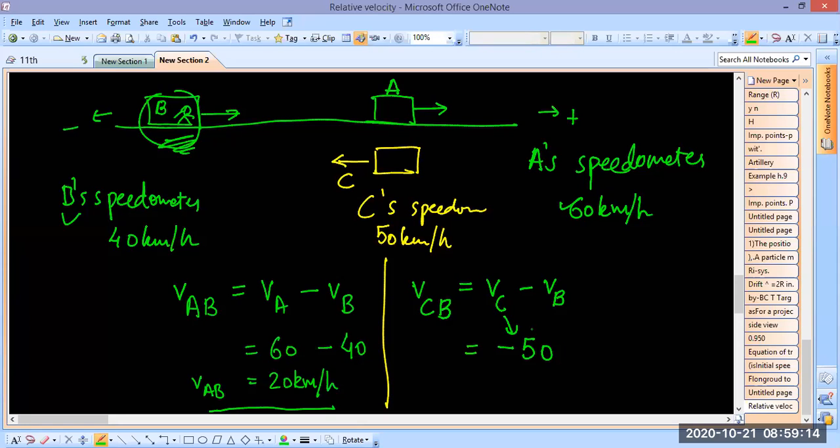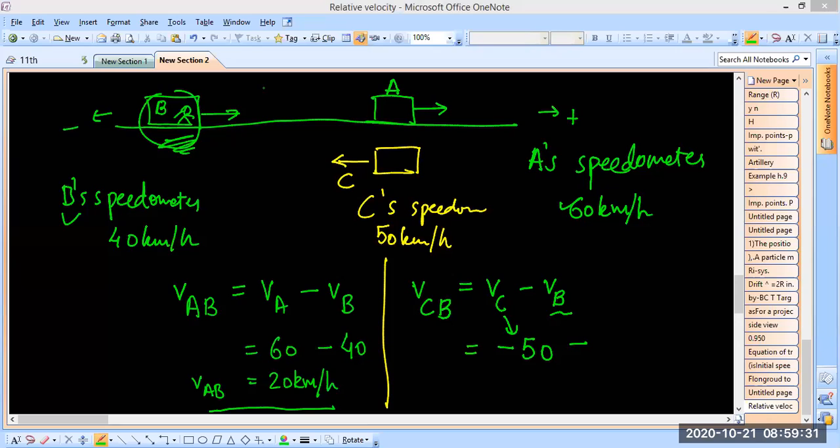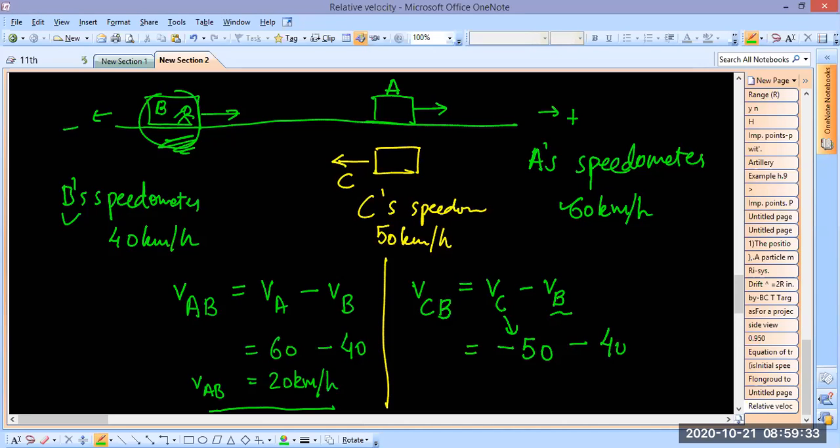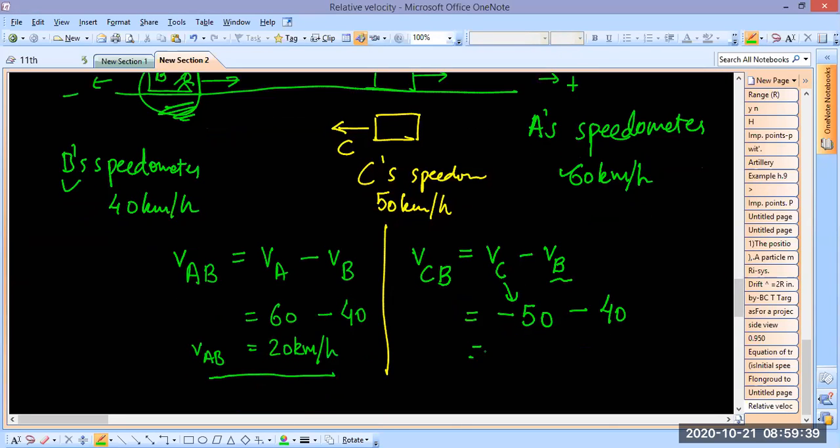It is the left direction, it's not about opposite. Okay, minus VB, velocity of B. Velocity of B is 40 kilometer per hour, right? So now this gives you minus 90.